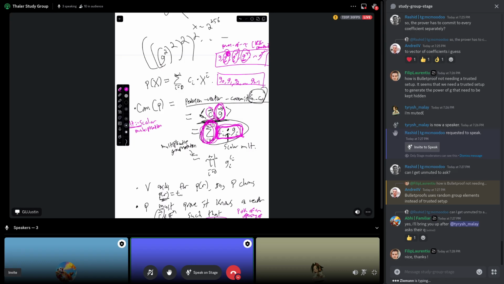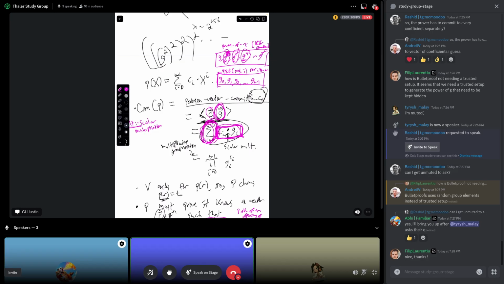So there's no toxic waste, no secret that someone in the world might know. We discussed last time how you generate these random group elements: roughly speaking, you take a cryptographic pseudorandom generator and evaluate it on an agreed upon seed n times, hiding some details.